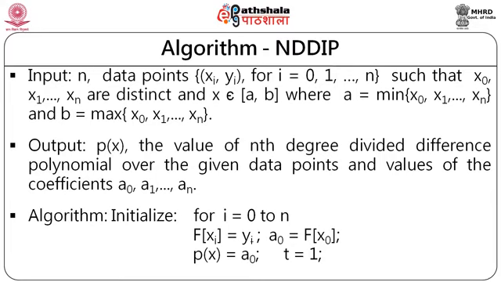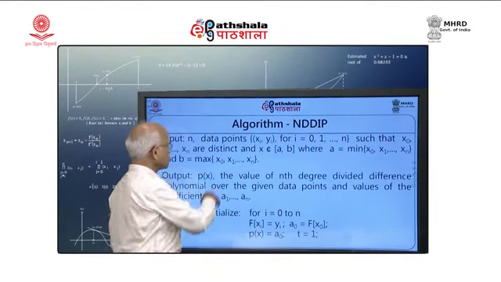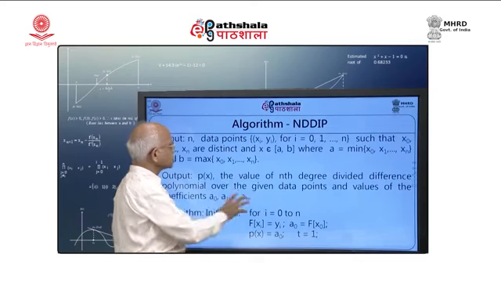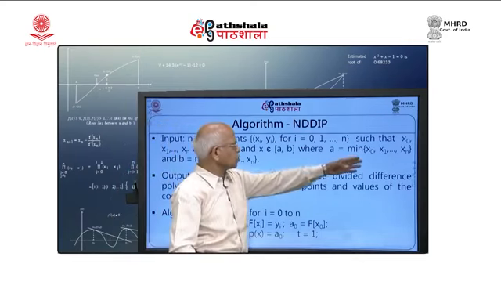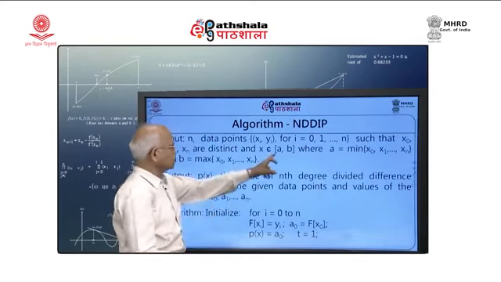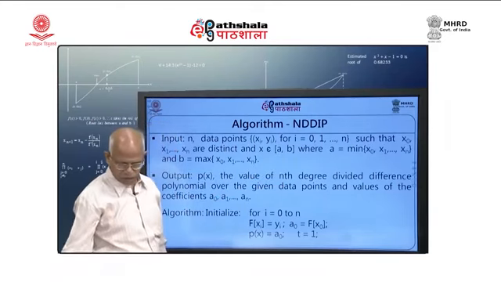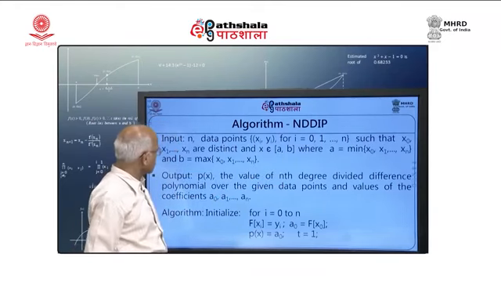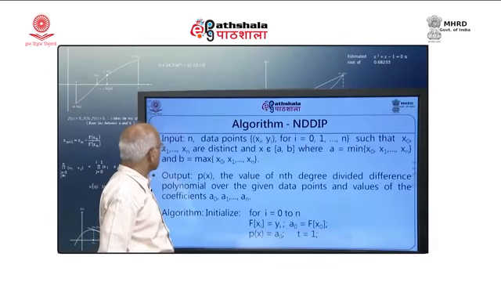Then the data points themselves, x i, y i for i equal to 0, 1, 2, 3 up to n, such that x 0, x 1, x 2, x n are distinct and x belongs to [a, b], where a is the minimum of all these nodes and b is the maximum of all these nodes. So, we are taking these nodes not necessarily in increasing order, but they are within the interval [a, b]. Like that, these nodes are taken as input.